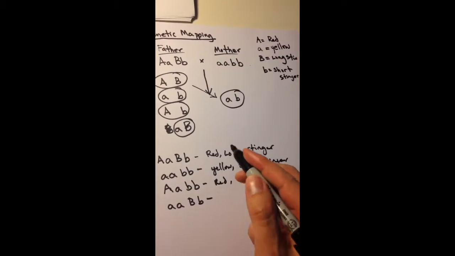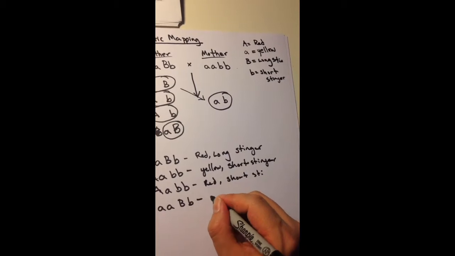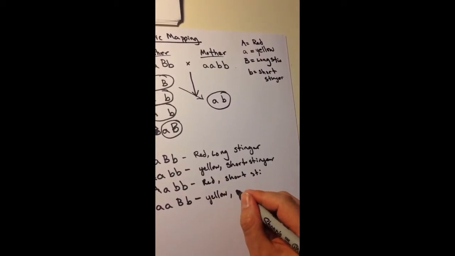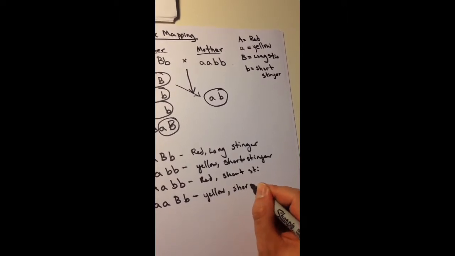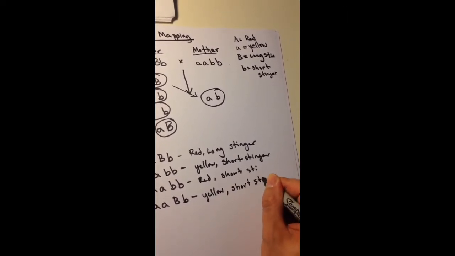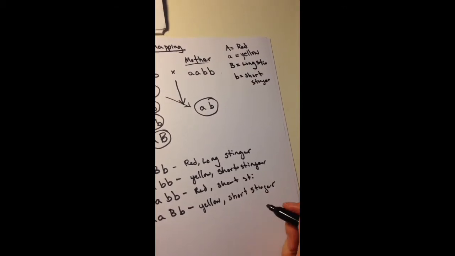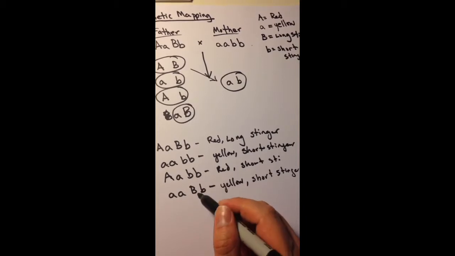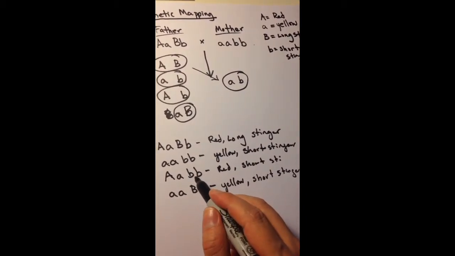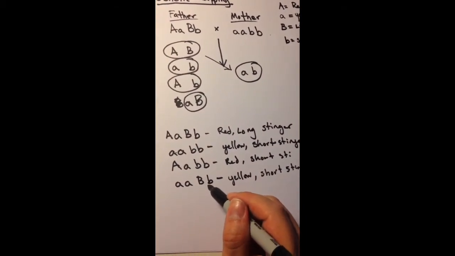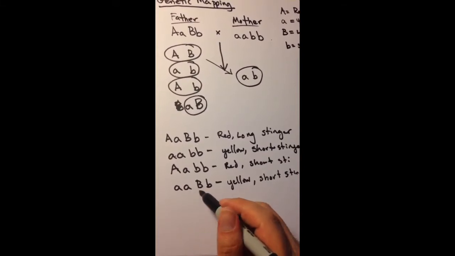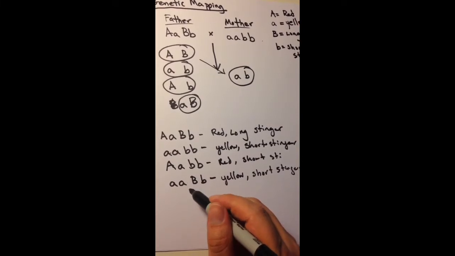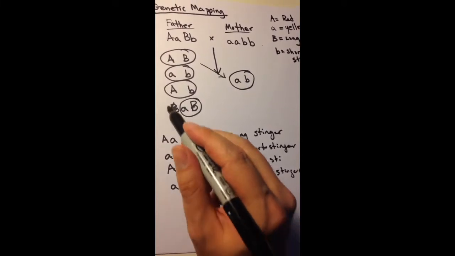This one's going to be just like the mother, with a yellow color and a short stinger. Even though this one is carrying the recessive allele, it's not expressed because of the dominant phenotype given from the dominant allele from the father.